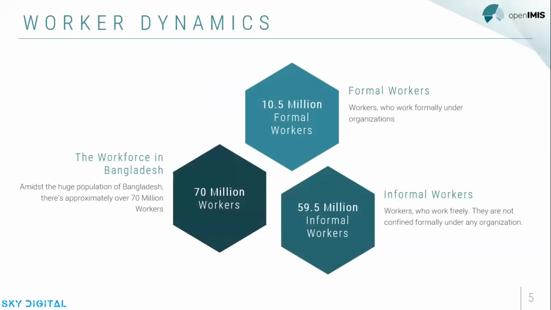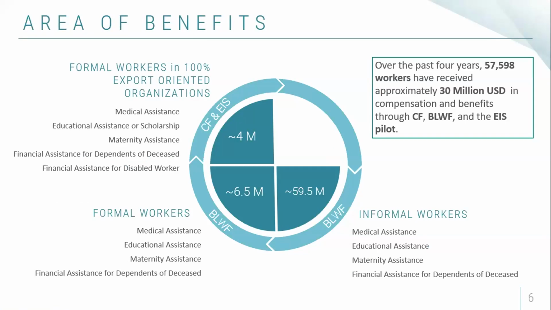So in our country context, we have around 70 million workers. Among 70 million, 10.5 million are formal workers, and 59.5 million are informal workers. And over the years, we have seen that even in the last 4 years, around 5,998 workers have received 30 million USD compensation and benefits through these organizations.